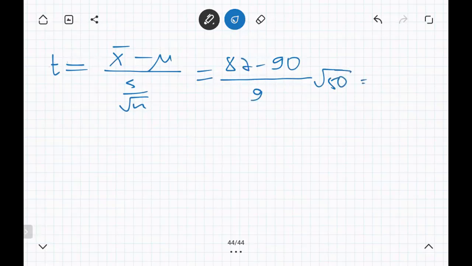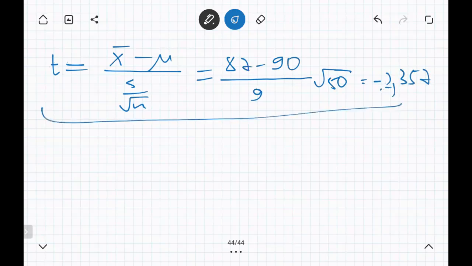And now let me calculate that. So square root of 50 times 3 over 9. It's minus 2.357. That's our t-score. Now the rule, it was our step 3.